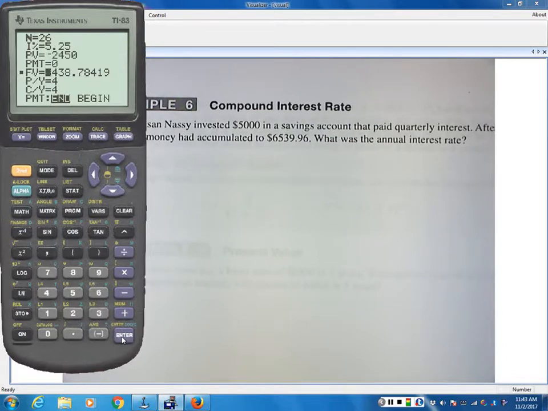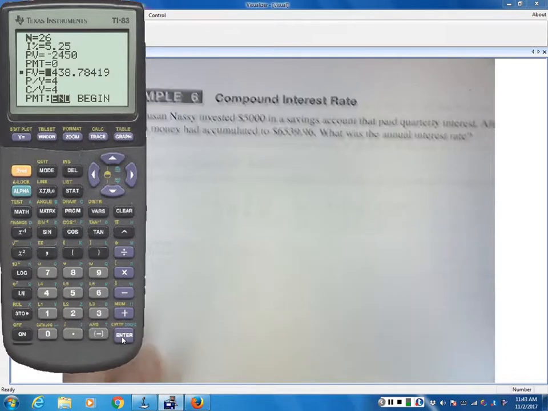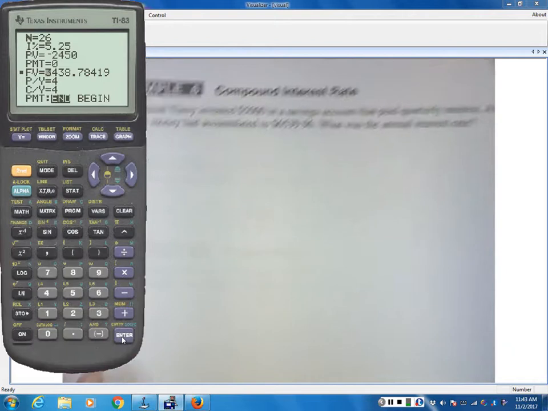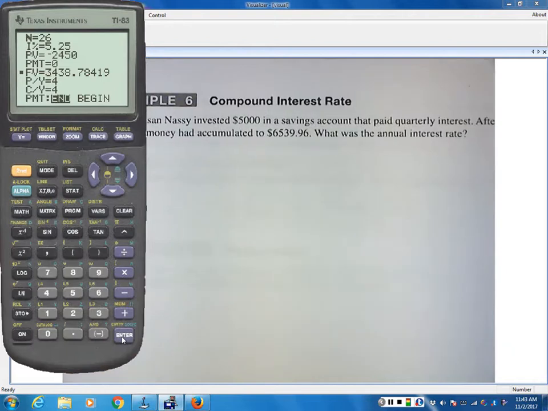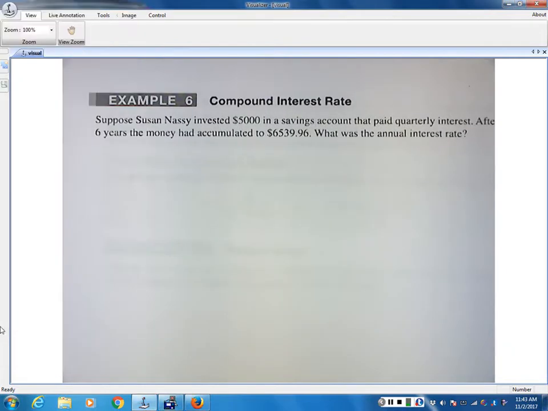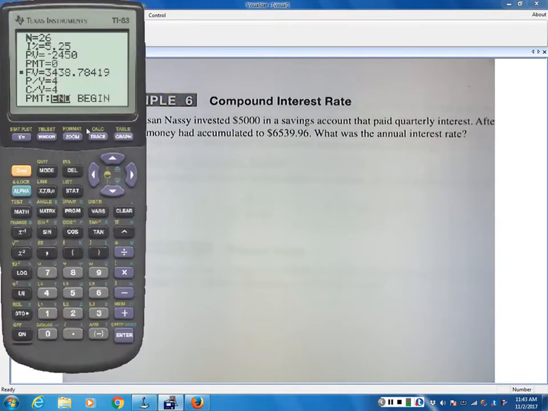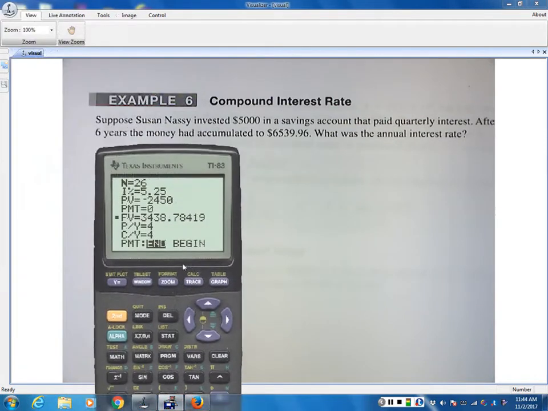So let's do one more example before we move on, and we're going to use the calculator. I'm going to get it up here, but I'm going to try not to cover everything up.